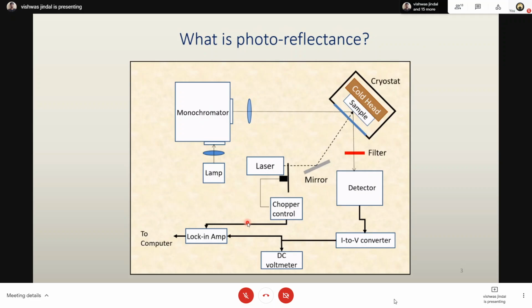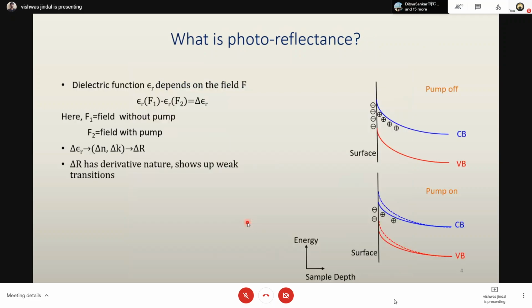Okay, let me explain it further. We use this to measure semiconductors, and semiconductors have a conduction band and a valence band. In the pump off situation, when the laser is off, at the surface of the semiconductor there is an asymmetry because there's a change in the dielectric environment.